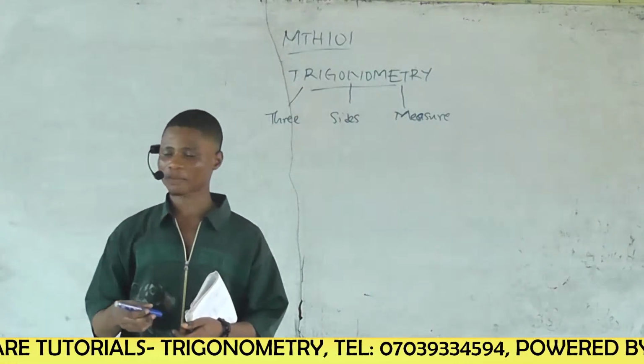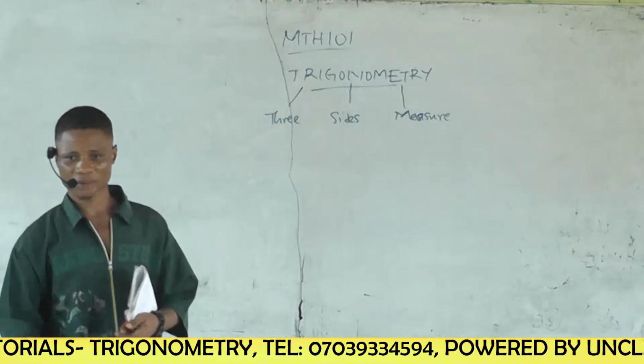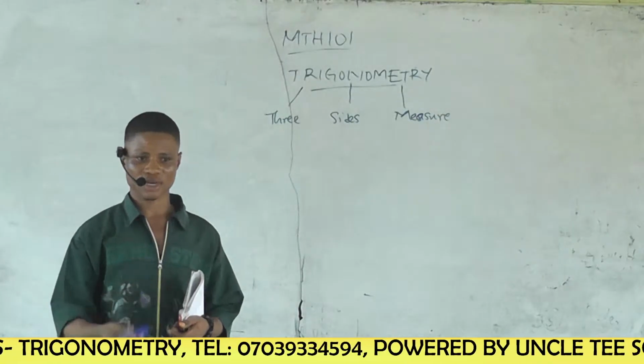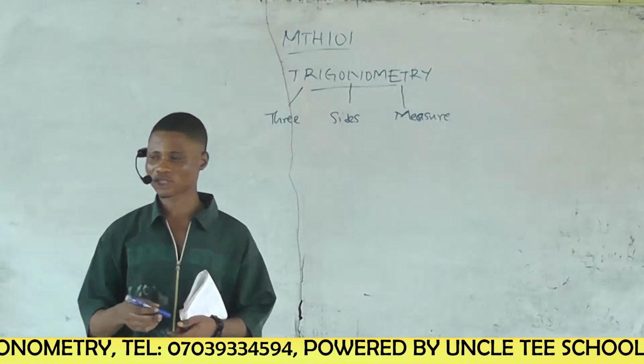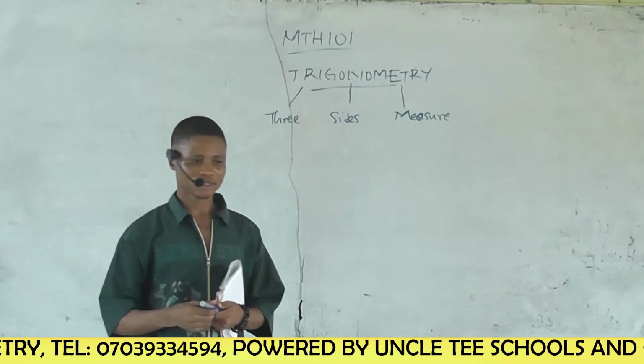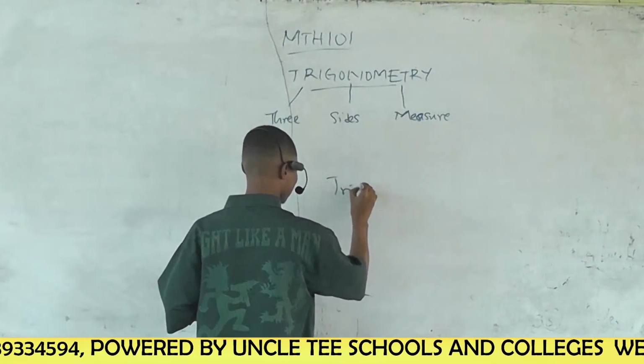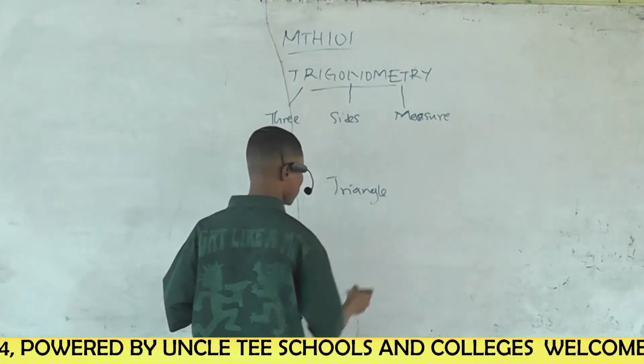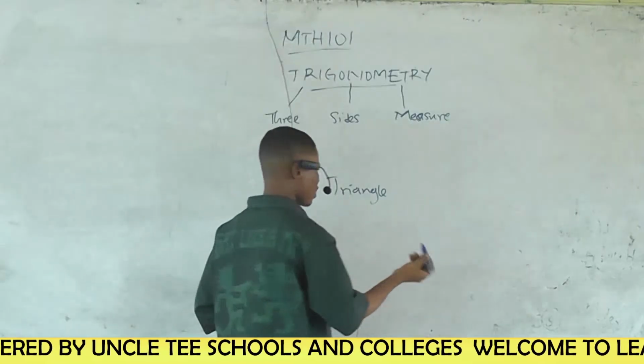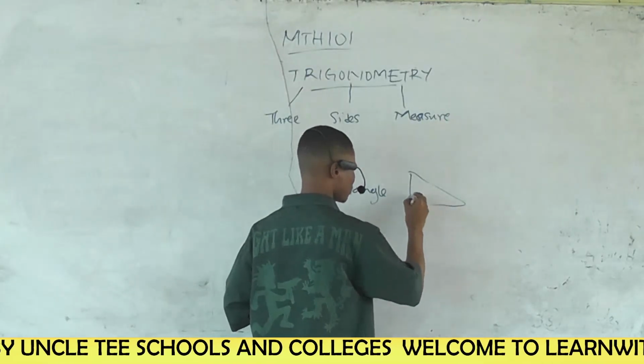That is, there is this shape that has 3 sides, and the shape is called a triangle. We have different types of triangle.